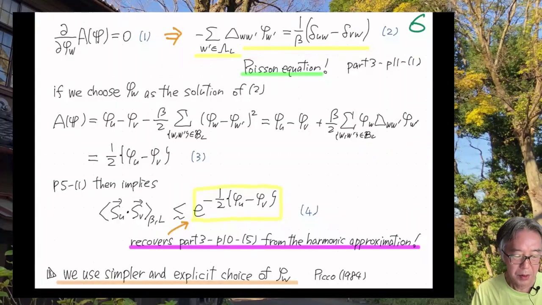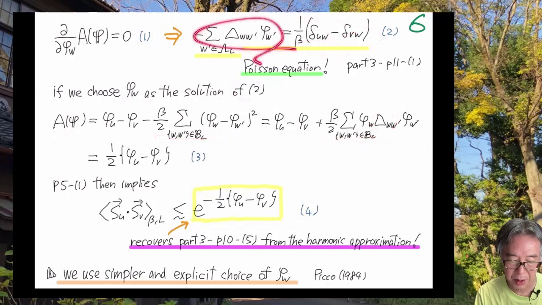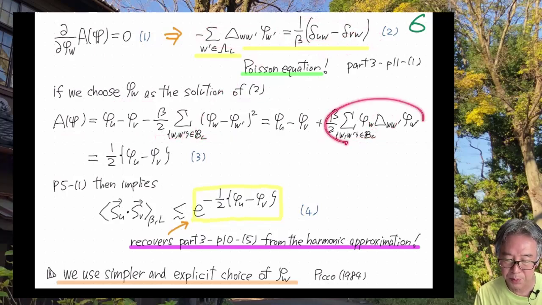So suppose that we choose phi_w as the solution of this Poisson equation. And then this is our definition of A(phi). And this is just rewriting. We did this before. You can rewrite this by using the lattice Laplacian like this, and then you plug this in here to find that this part becomes 1/2 minus 1/2 (phi_u minus phi_v) or something like that.